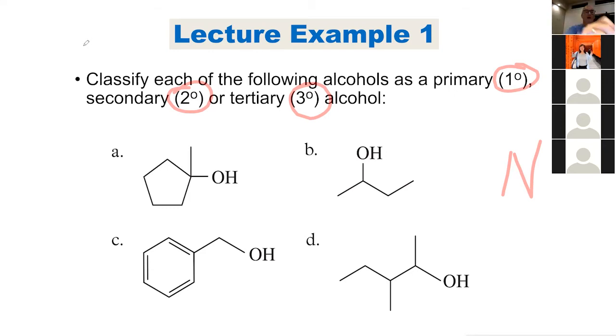But with hydroxyl groups, they're attached to only one carbon at a time. So we have to look at the carbon that it's attached to. So it'll be that one, that one, that one, and that one.